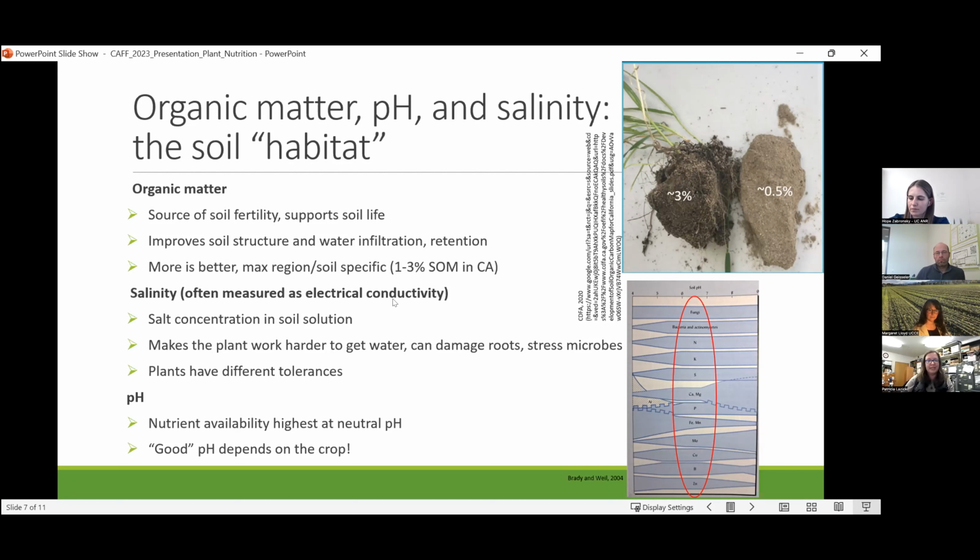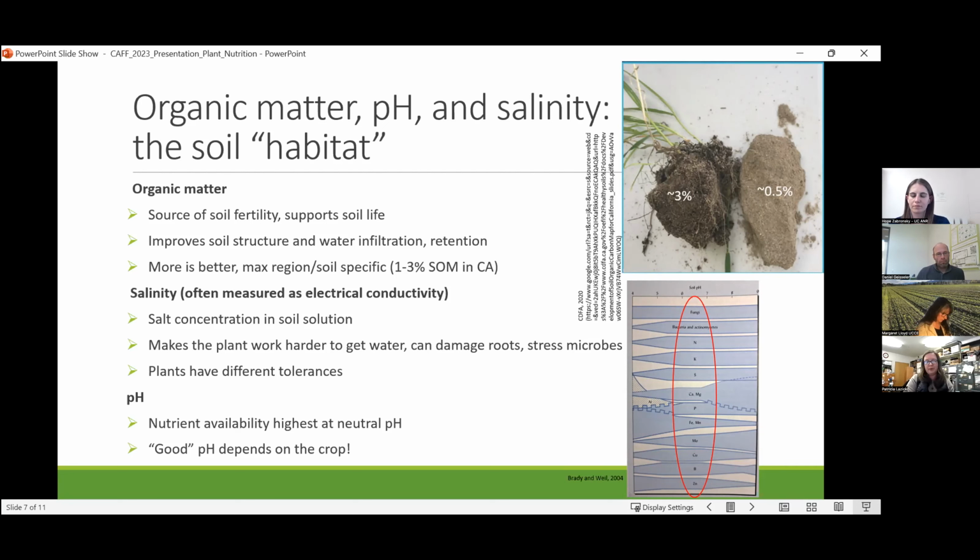The better structure it has, the better water properties it has. Generally with organic matter, we tend to think that more is better, but the maximum you can expect is defined by the soil type and also the climate. In California, depending on the soil type, we say about 1 to 3% is normal.